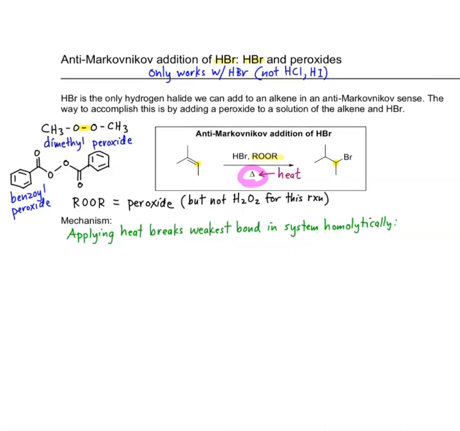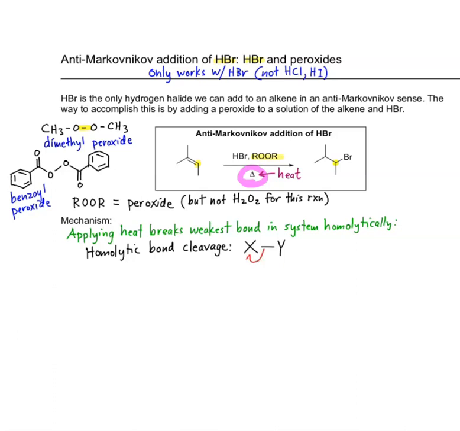All right, so let's first understand what's meant by homolytic bond cleavage. So let's say that we have two atoms in a bond, X and Y. If the bond breaks homolytically, what that means is that each of the atoms in the bond, when the bond breaks, each of the atoms gets one of the electrons from the bond. And so what we can do to show that is draw fishhook arrows.